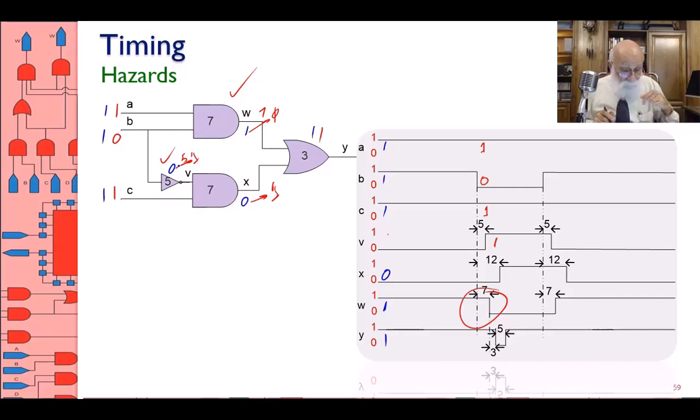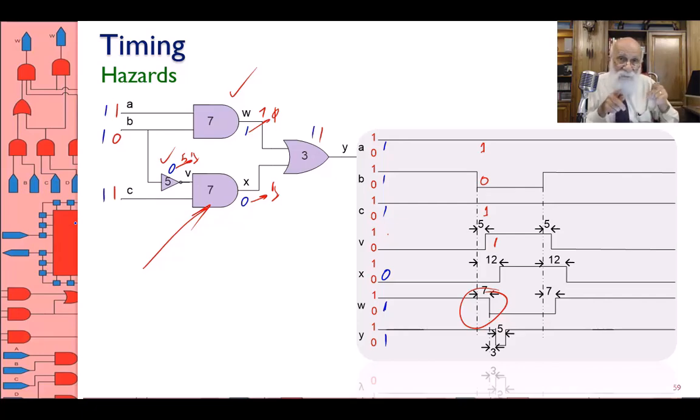Now, my output gate at time 7 sees something is changing. My AND gate at time 5 sees something is changing. At time 5, the lower AND gate sees a 1. It also had a 1, and therefore it's quite happy. It says both my inputs are 1, so my output has to become 1.